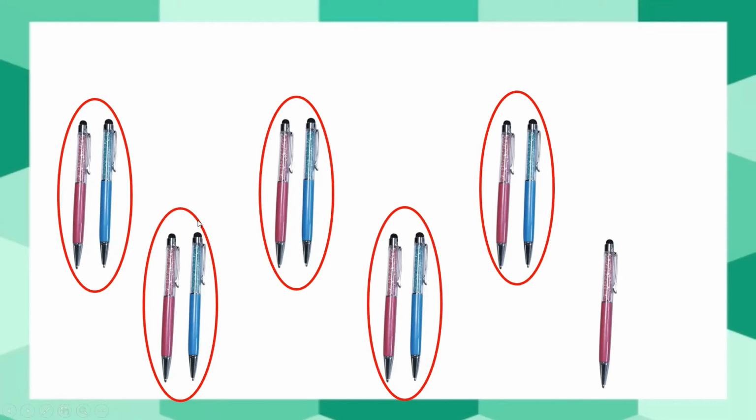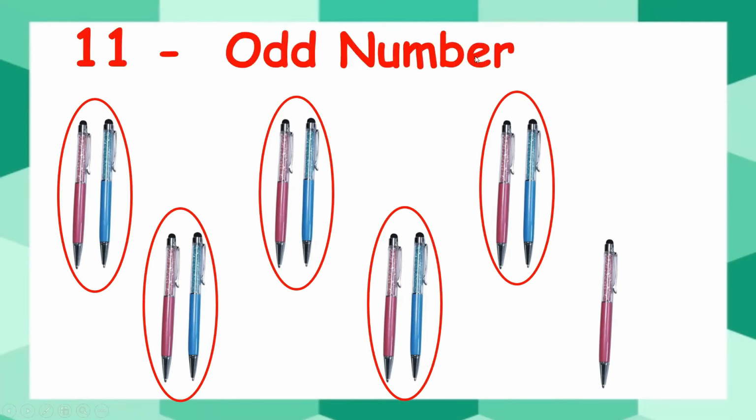Okay, so this is two pens, two pens, two pens. And oh, look at this one. We have only one pen. Okay, so one object here is left. So this is an odd number. 11 is an odd number. Okay, I hope you understand what is odd number and even number.